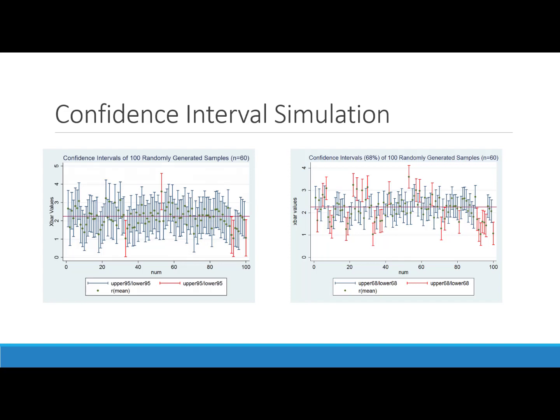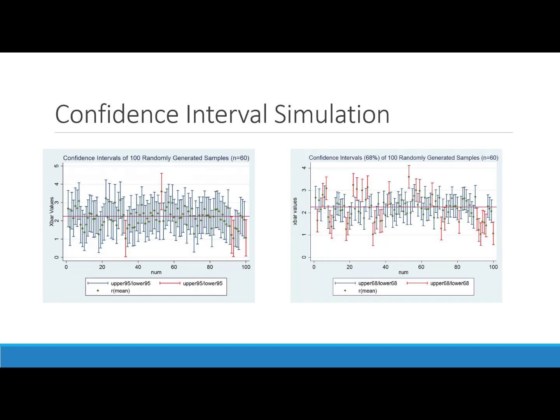So now let's look at the figure on the right. And what did I change here? I changed the confidence level, or the multiplier. So now we're looking at 68% confidence intervals. So what's different between the right and the left?